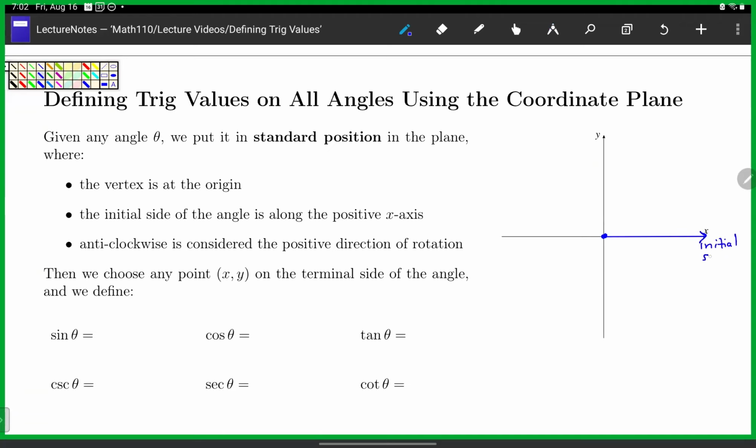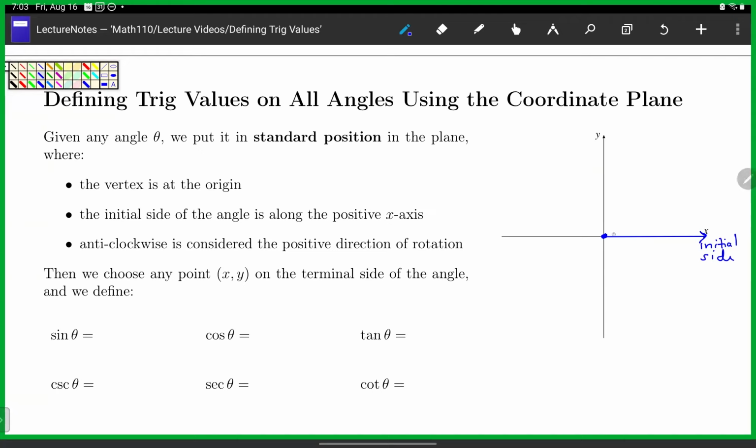That's the initial side. And then we rotate our angle. The positive rotation is in the anti-clockwise direction, and negative rotation is in the clockwise direction. This is assuming that you use clocks that run that way, and also assuming that you use analog clocks.